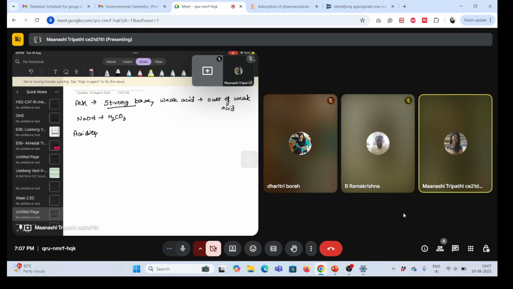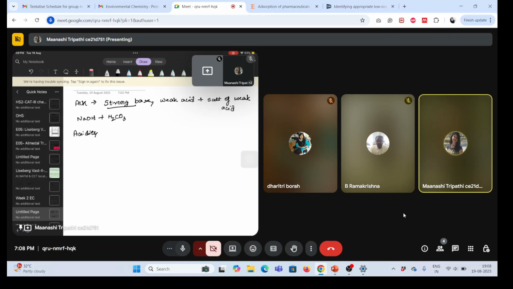Why is the salt of a weak acid included? Because how will the strong acid react with a salt of weak acid?